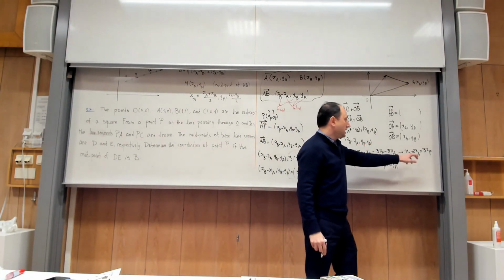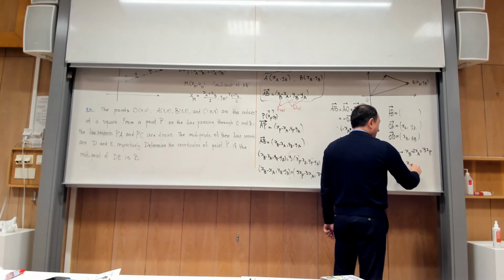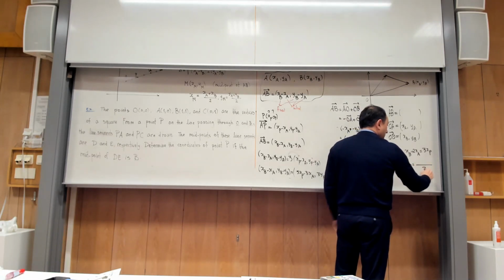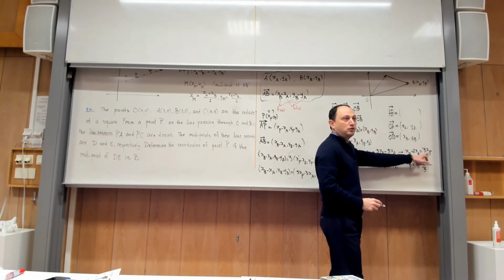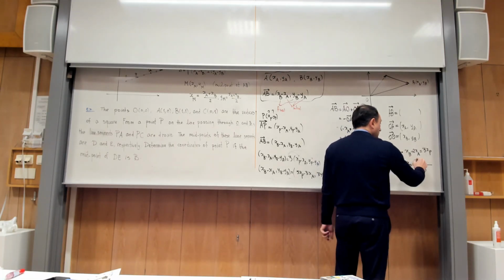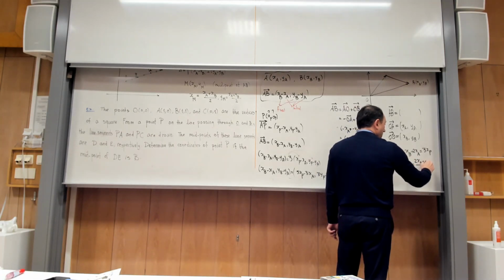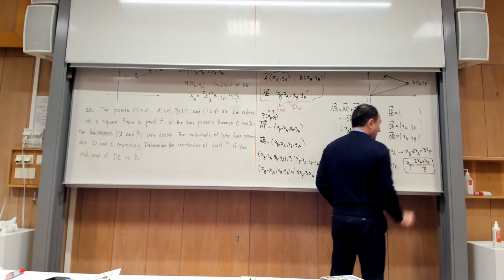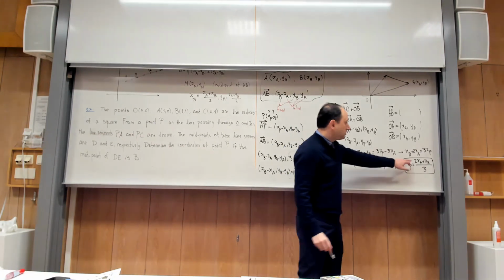You see, with xp, a division by 3 happens. Because I want to make xp alone, I divide by 3, and then this becomes 2xa plus xb over 3. This is the correct formula which you missed. So a factor of 2 is missing.